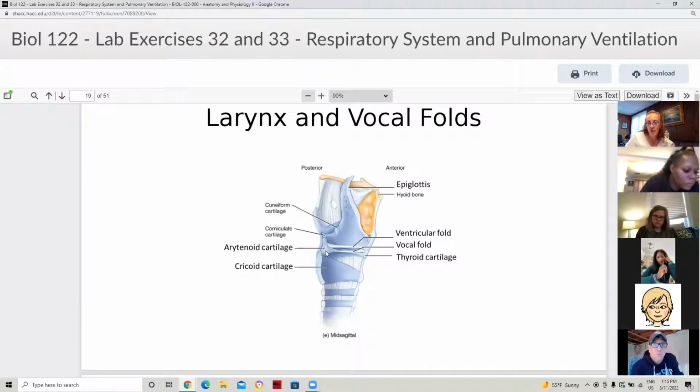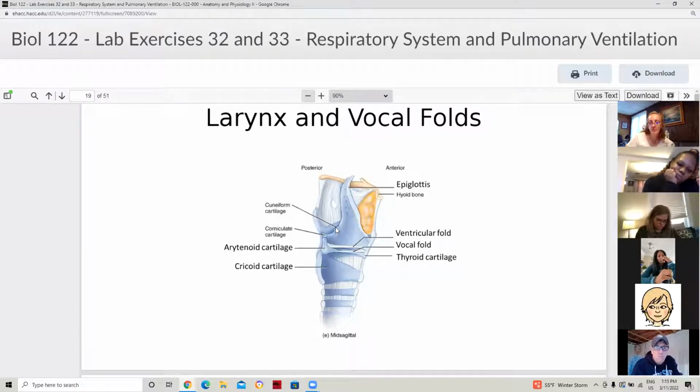The arytenoid cartilage looks like a horn. If you look at it, here's the handle. Here's the rest of it. The corniculate cartilage is on the tip of the handle of the horn. And the cuneiform cartilage is up closer to the epiglottis.